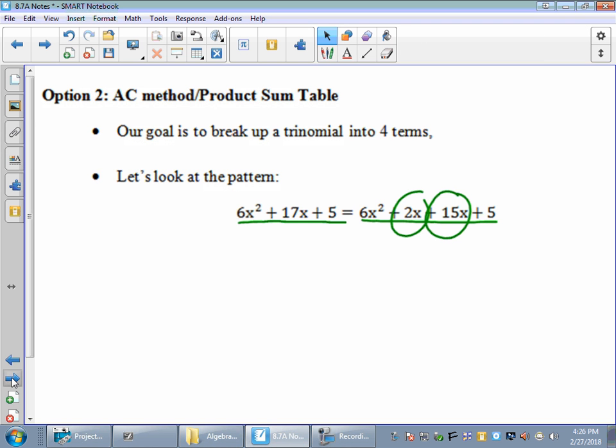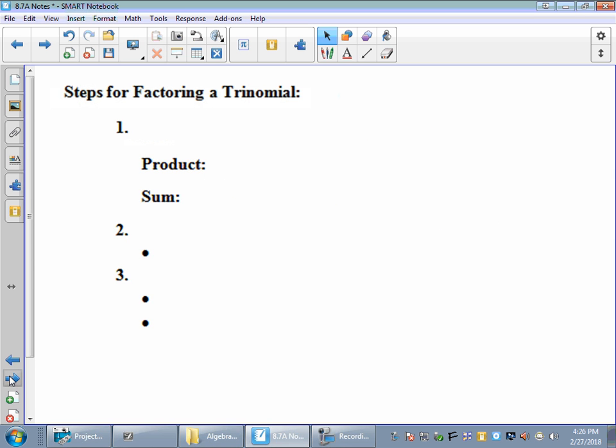Our goal is to find a way to take that 17 and break it into 15 and 2. How are we going to do that? Well, our first step is to make the product sum table. So what is that going to look like?